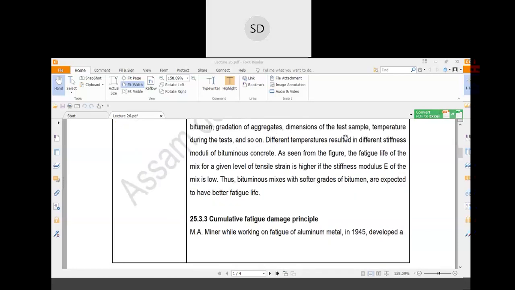Now different temperatures result in different stiffness modulus of the bituminous concrete, because bituminous material is very much temperature susceptible, which we already discussed in our previous class, that is, how stiffness modulus and other parameters of the bitumen change according to the temperature of the mixing.